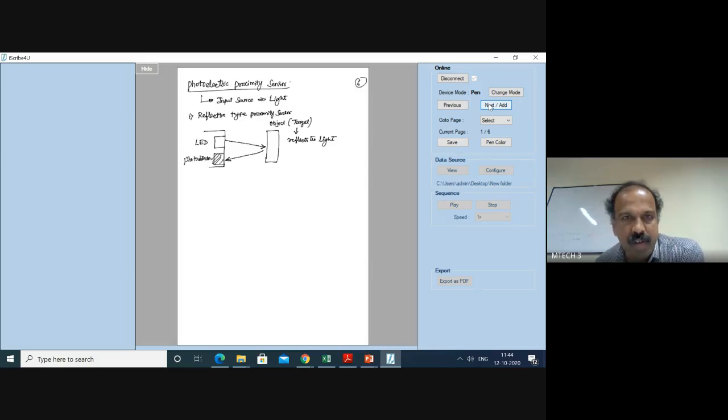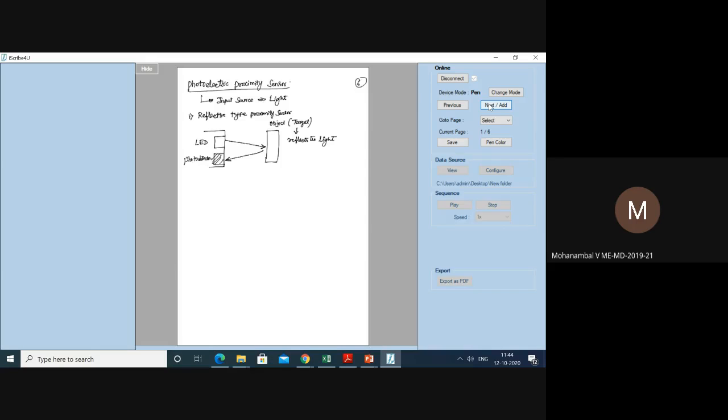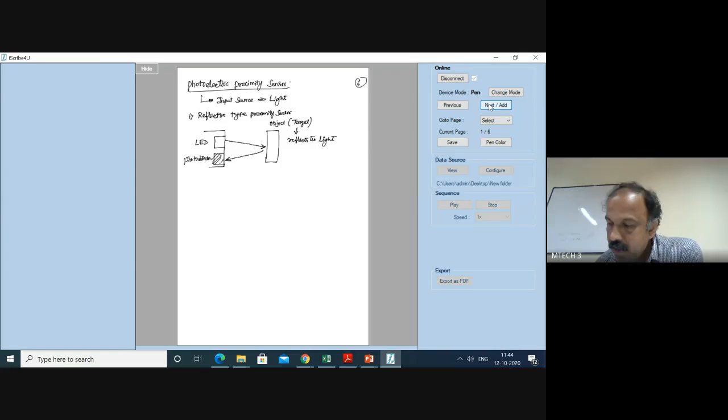So what is the function of the LED now? The function of the LED is to emit the light. It's a light source. The function of the photo detector is to detect the light, to receive the reflected light. Now observe, I will move the object closer.